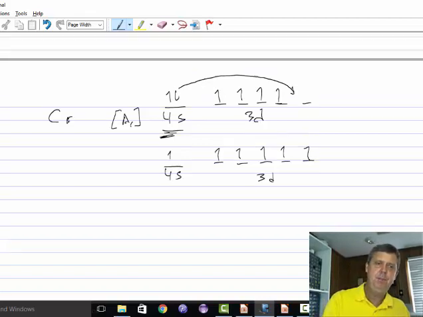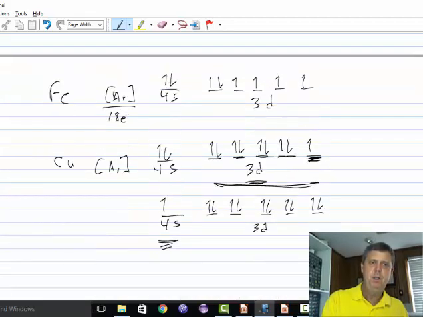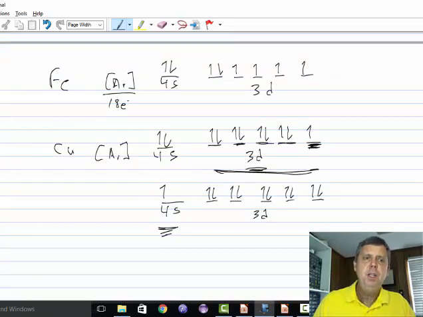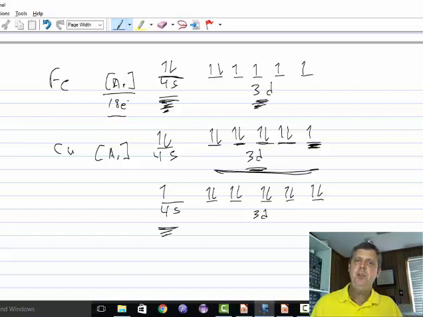If you take something like, let's go back up here, even with iron, we fill up the 4s before we fill up the 3d. With many transition metals, as we add in the 18 argon electrons and start adding more electrons in, this 4s gets filled up first, then the 3d, except once we get these guys with all the electrons in them, the energy shifted some, and it ends up that the 4s is at a slightly higher energy state than the 3d.